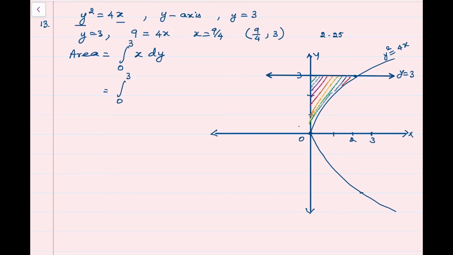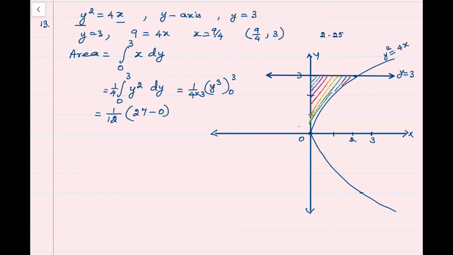The area is bounded between the parabola and y axis, so we will use parabola equation. X from the parabola equation is y square divided by 4. And integral of y square is y cube divided by 3. And the limits are 0 to 3. 1 by 12 times 3 cube is 27 minus 0.